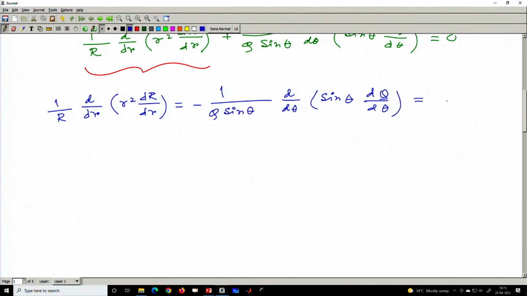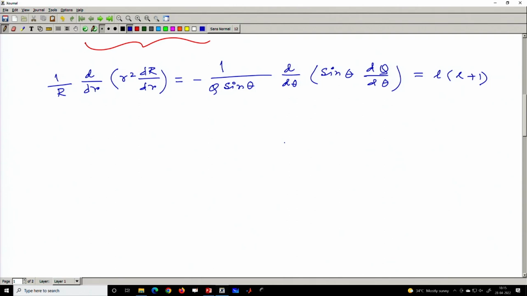This has to be some constant, and this constant I write as L into L plus 1. Why I am writing this we will see later, because if you write this constant as L into L plus 1, then we have a well known differential equation whose solution is well known.